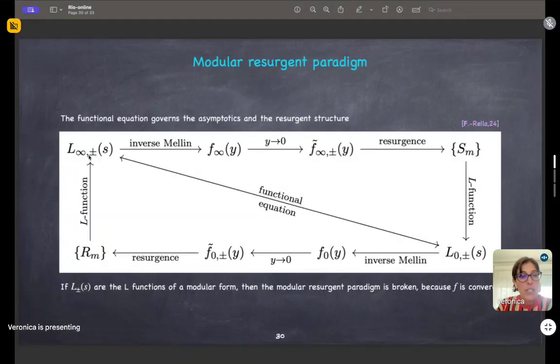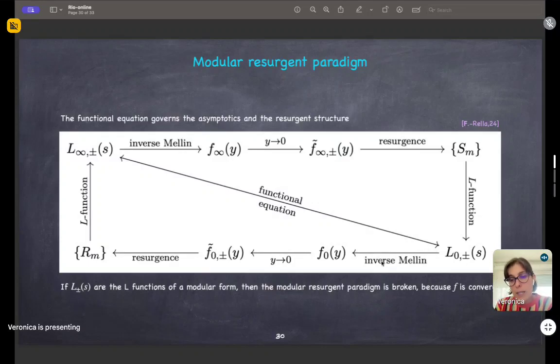If you start with an L function, you take its inverse Mellin transform, which gives you a Q series. By expanding the Q series, you find a divergent series. You can resum it, and you will find some Stokes constants S_n. Now you can build an L function with these Stokes constants if they don't grow too fast, and this L function you call L0.